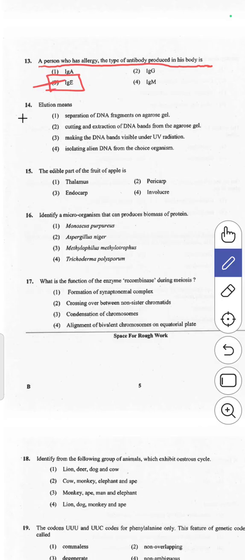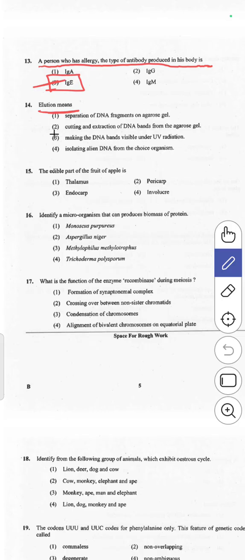Next question, that is 14th one. Elution means. What is elution? Elution, it is a process which we usually observe during the DNA isolation process. So here elution means where we usually cut the DNA and also we extract the DNA bands from agarose gel.